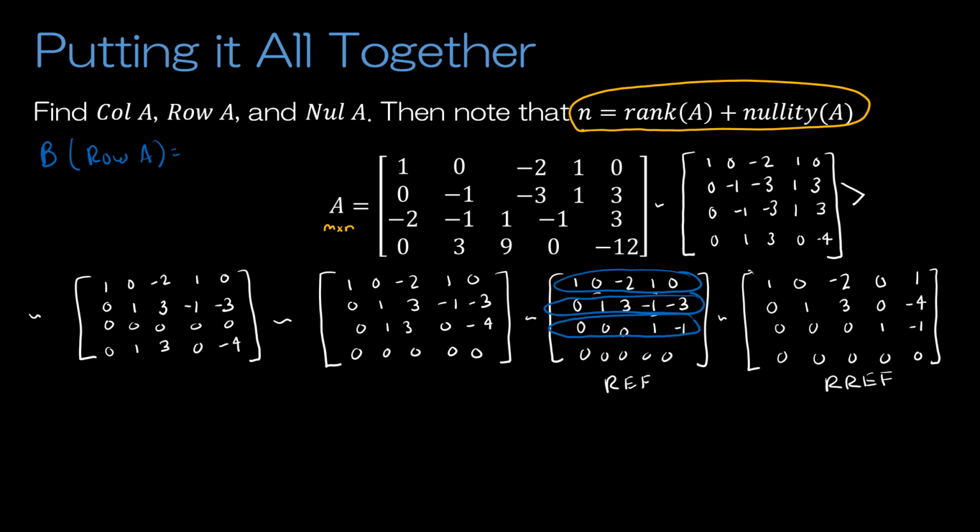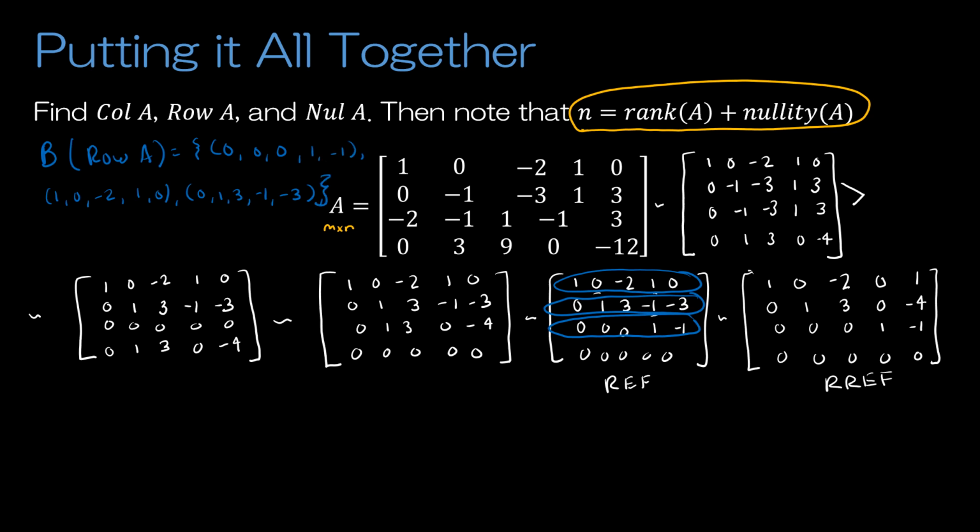So that gives me 1, 0, negative 2, 1, 0, 0, 1, 3, negative 1, negative 3. And I'm going to put the last one up here because I'm running out of room. 0, 0, 0, 1, negative 1.